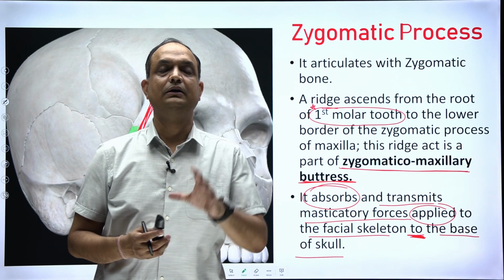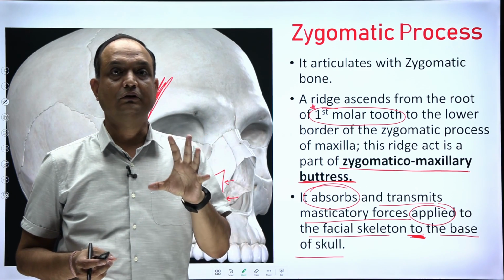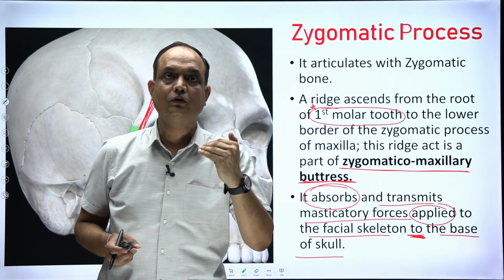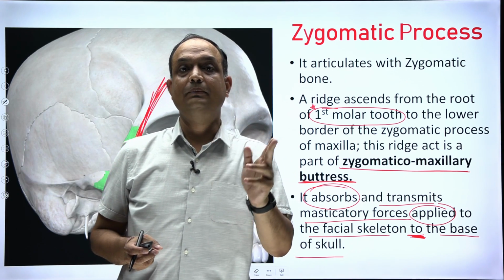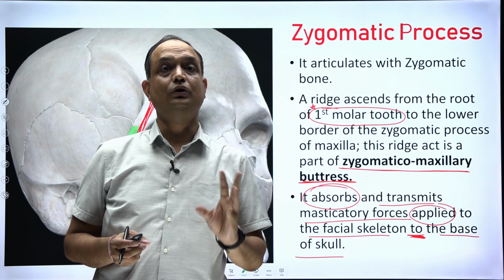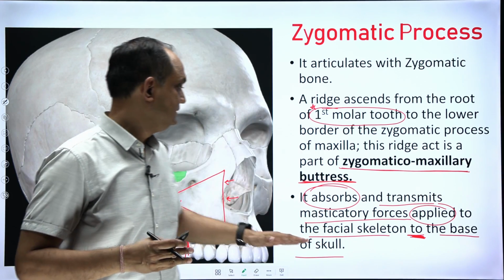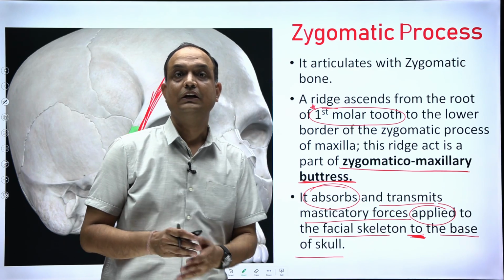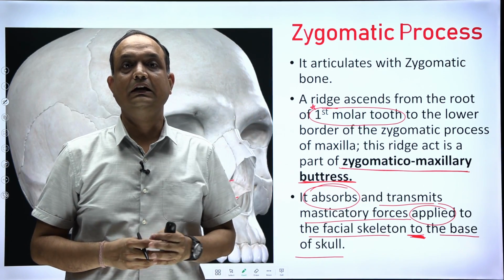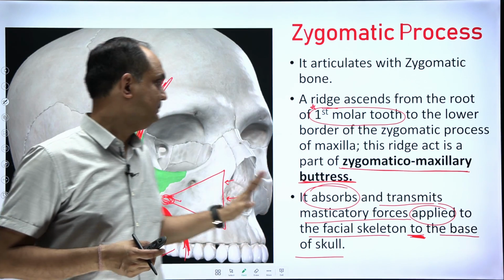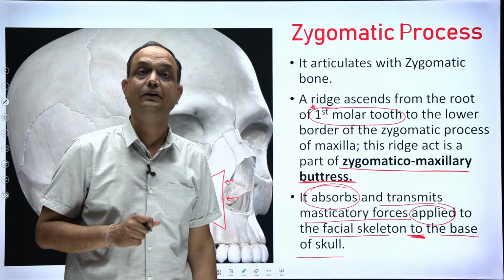So whenever there is mastication, whenever there is a contraction of the muscles of mastication, the force of mastication is transmitted to the periodontal ligaments present around the root of the tooth, and from the root of the tooth, this masticatory force is transported towards the base of the skull, and along with that these buttress lines help to absorb those masticatory forces.